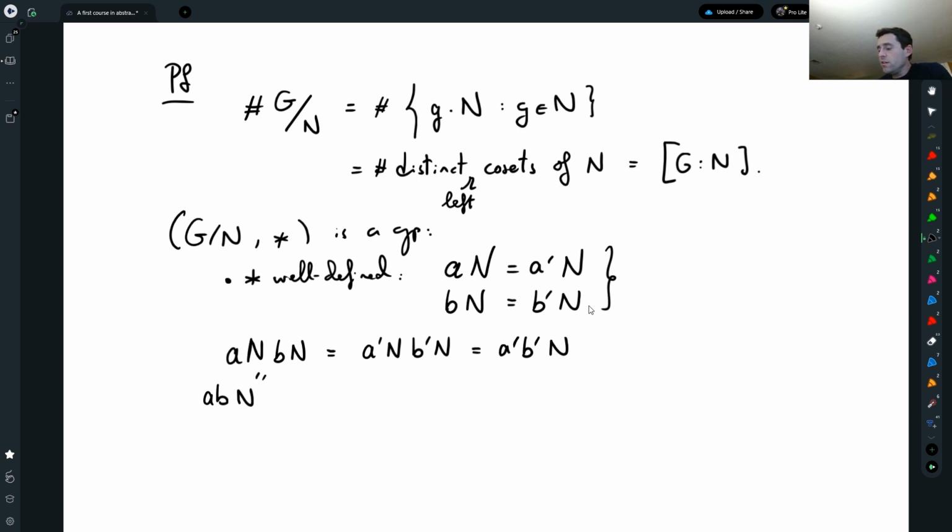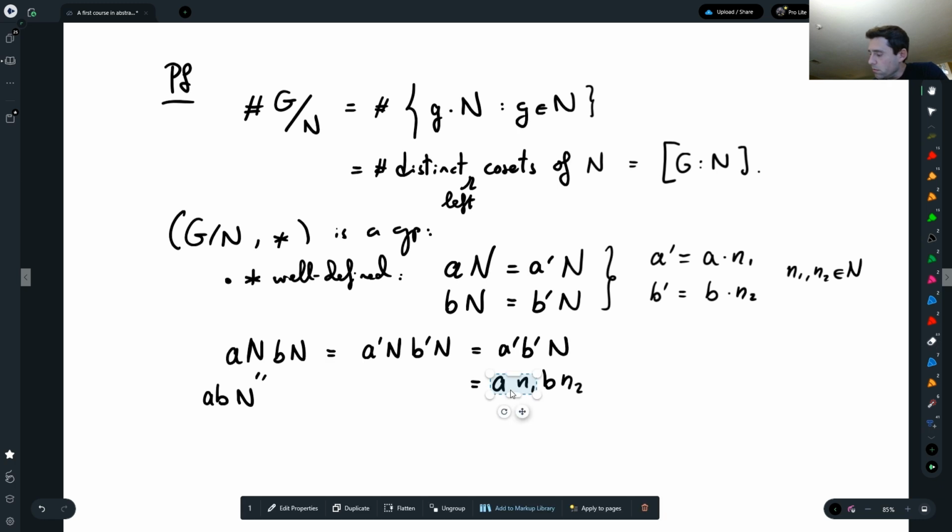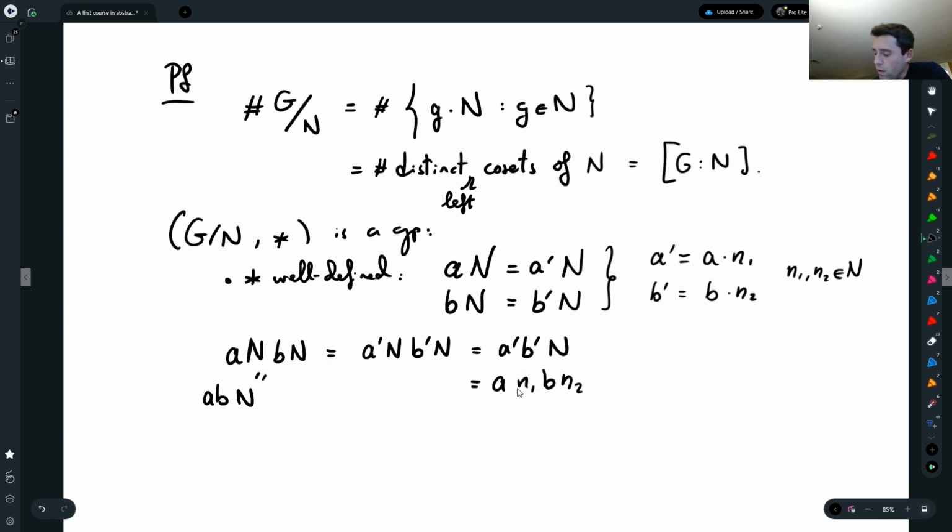Now, from these, we realize that a prime has to be a times some n1, and b prime has to be some b times n2, for some n1 and n2 in N. Then I can rewrite a prime b prime n as a n1 b n2 n.